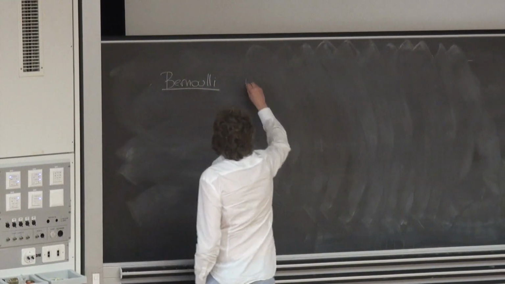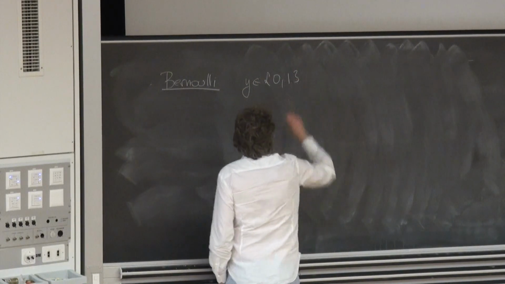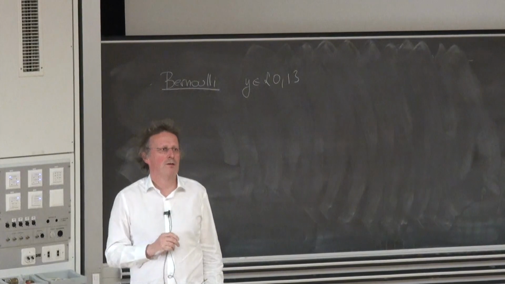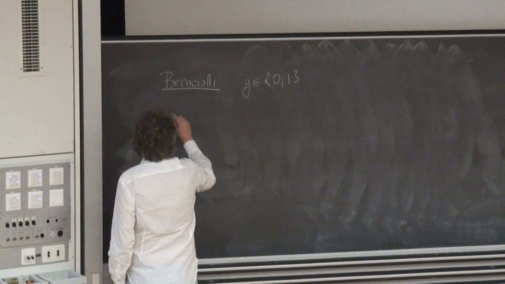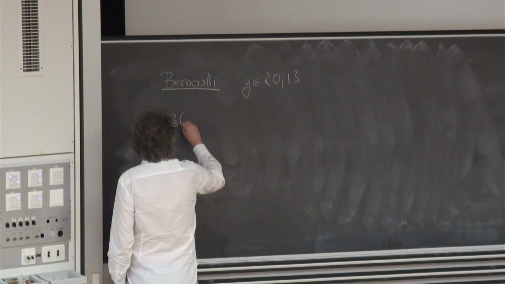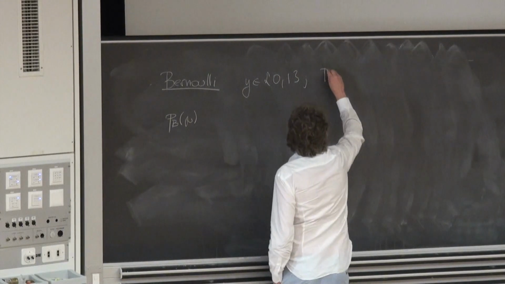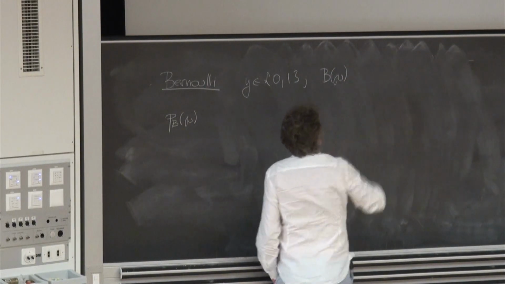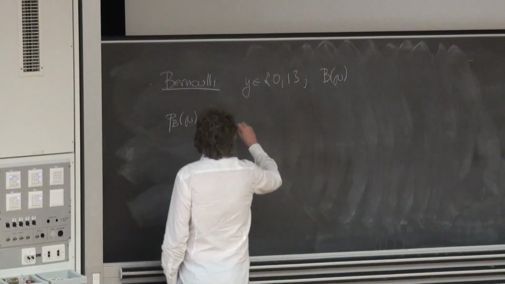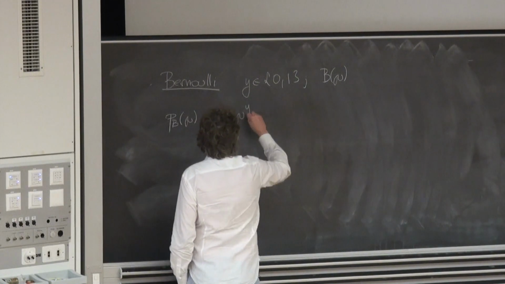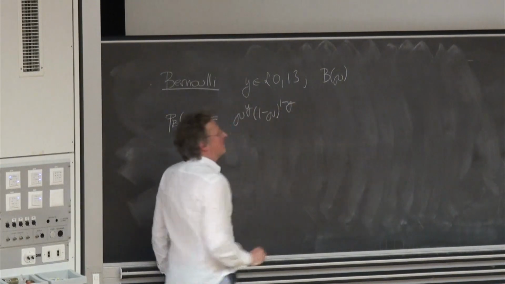So for a Bernoulli, I'll still keep writing it y, but it just takes on two values here, 0 and 1. And so P of y for the Bernoulli with some parameter mu, where the mean is mu, can be written as mu to the y times 1 minus mu to the 1 minus y, right?